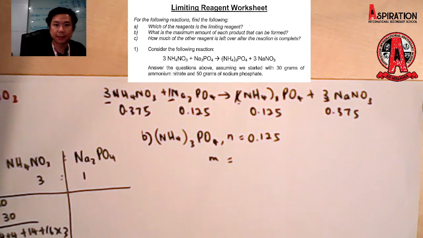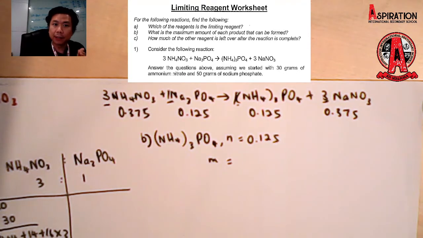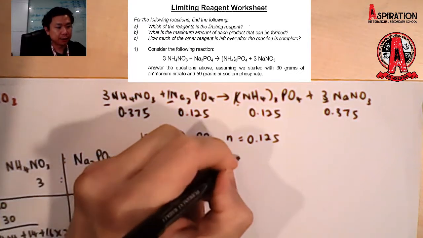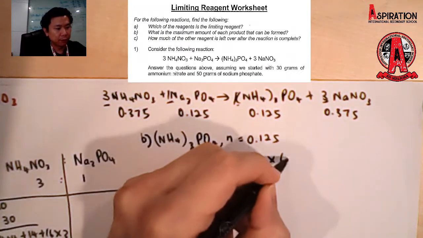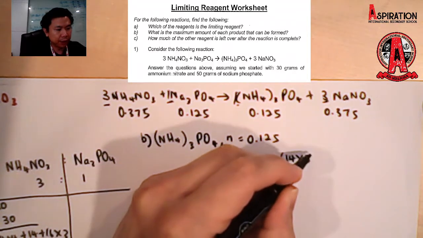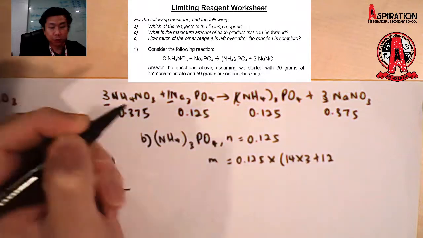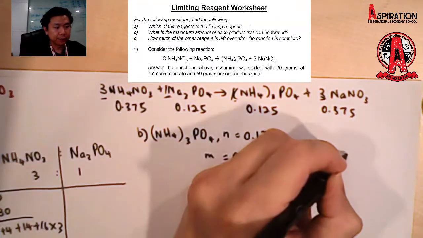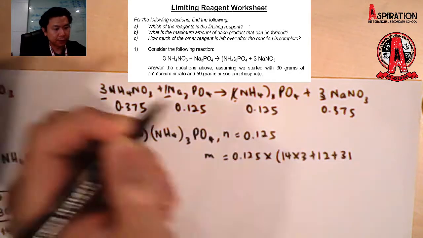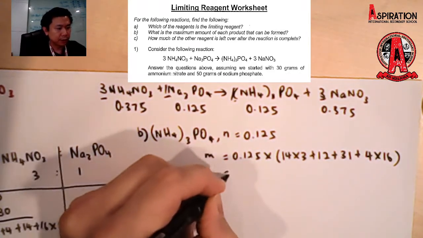How do we get the mass? Right, so we multiply the moles with the molar mass. So we take 0.125 multiplied by 14 times 3, plus we've got 12 hydrogen atoms there, right? Phosphorus and 4 oxygens.